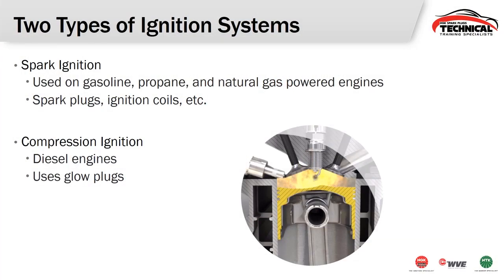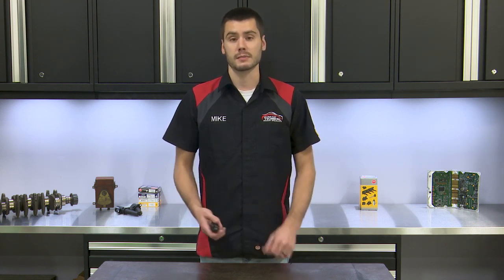They actually use glow plugs, and the goal of compression ignition is to use pressure and heat to start the combustion event inside of the cylinder instead of a spark plug and a spark. So they operate a little differently, but again, they both do the same thing. They both are on the vehicle to ignite the mixture inside of the cylinder.